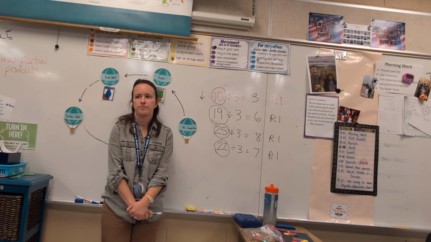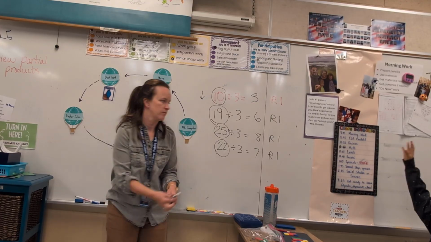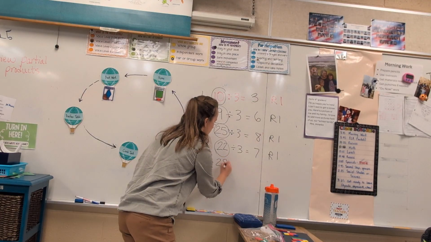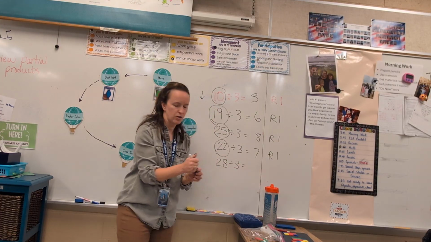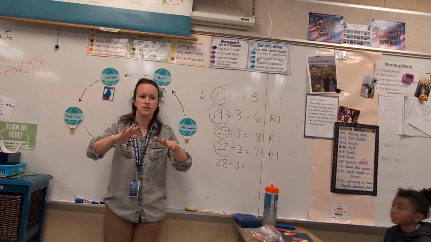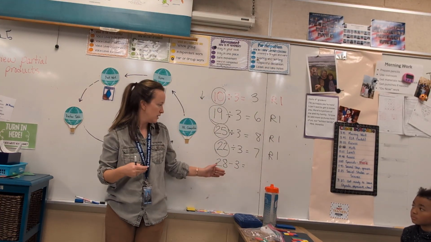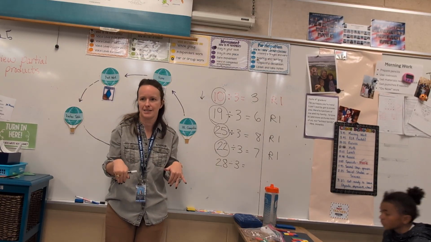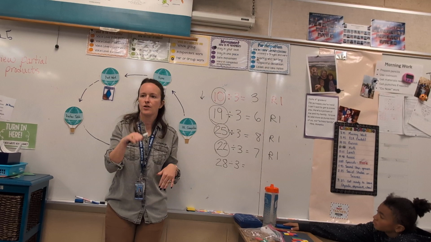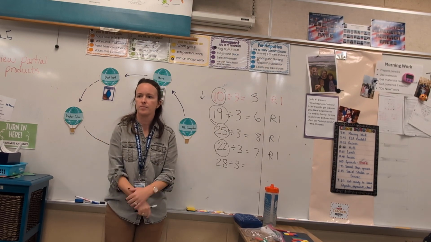Every hand should be up. 25 plus 3 more is what, everyone? 28. So try 28. If I divide 28 into 3 groups, so don't take your tiles away, just add, you were at 22, so you'd have to put 6 more tiles on. How many is in each group?